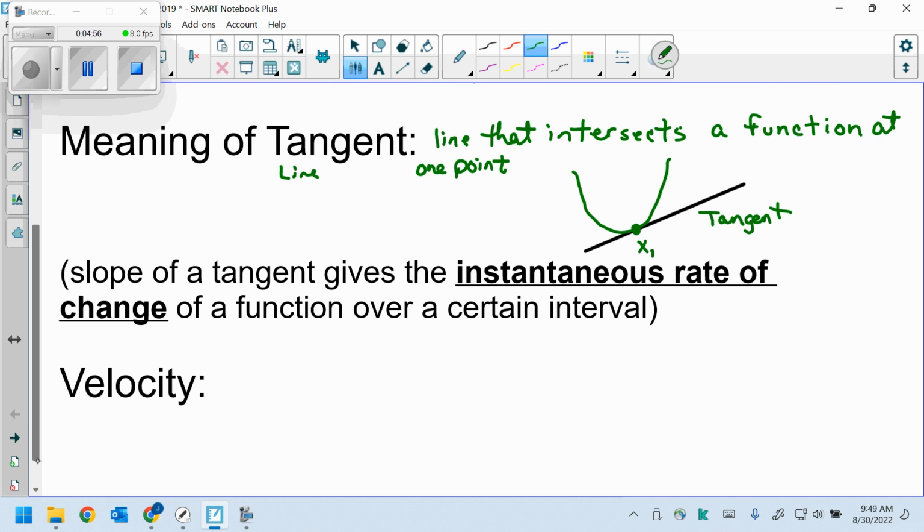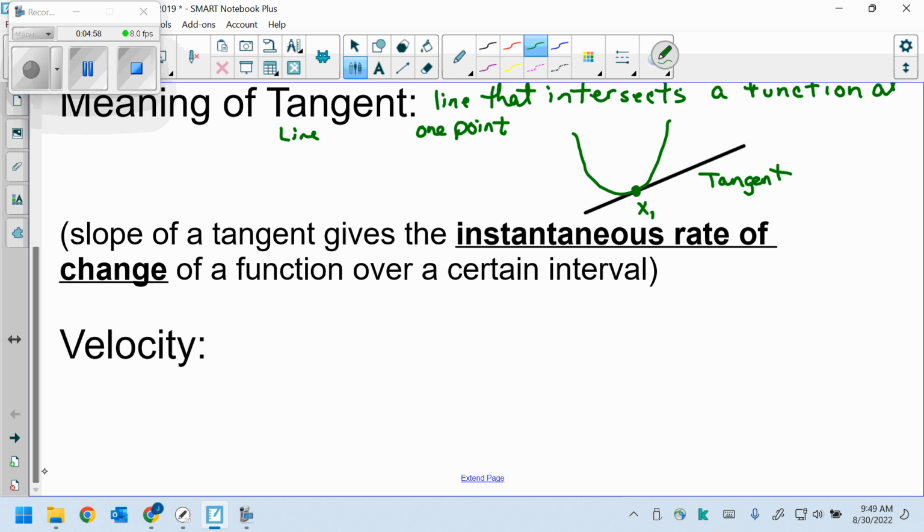And our understanding of the term velocity. Velocity is a very specific slope. Velocity is a slope of a position-time graph.